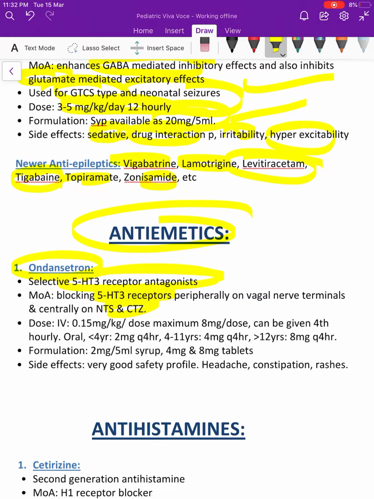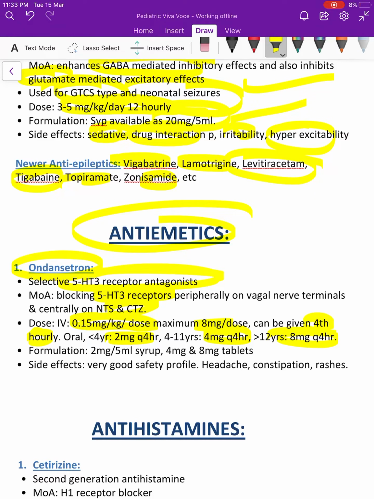Dosage of ondansetron, if given IV, is 0.15 mg per kg per dose, maximum of 8 mg per dose, and it can be given up to 4th hourly. Oral, if less than 4 years, it is 2 mg, which can be given up to 4th hourly. If it is 4 to 11 years, then it is 4 mg 4th hourly. If it is more than 12 years, then it is 8 mg, up to 4th hourly.